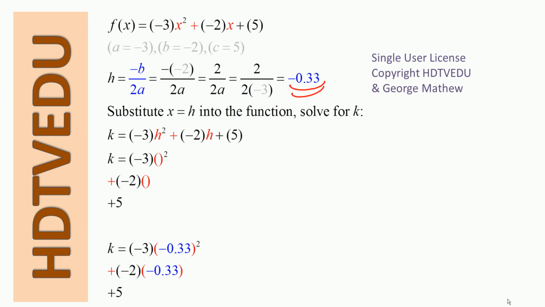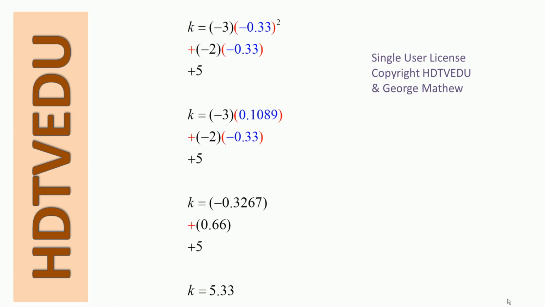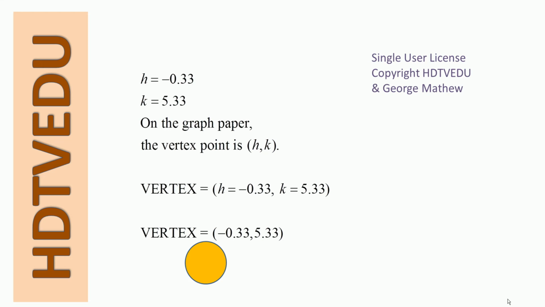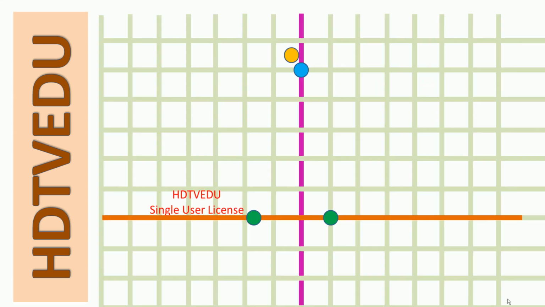In the space occupied by x, we substitute negative 0.33. Do all the algebra, and we get k is equal to 5.33. So when x equals negative 0.33, y is equal to 5.33. There is a relationship between x and y. So even when we have the vertex, there is a relationship between h and k. So we have the vertex.